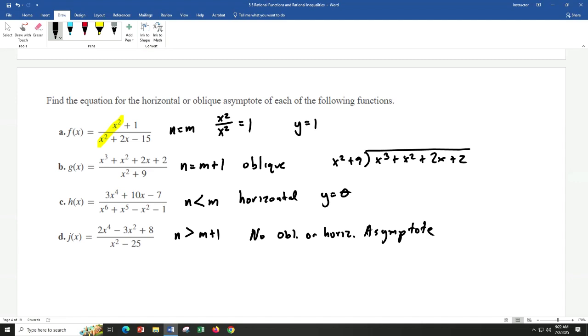That can't happen. But hear me out. With your horizontal or even your oblique asymptotes, what it's saying, if you plug in a number, you're going to get a 0. Well, what happens if this goes to 0? The top. What's going to happen? What's 0 divided by anything? 0.